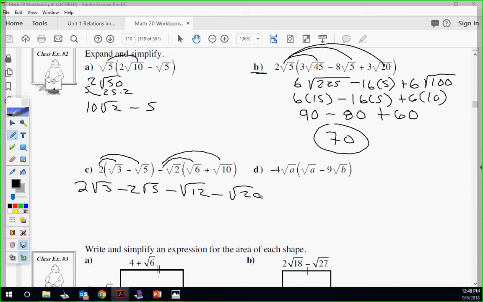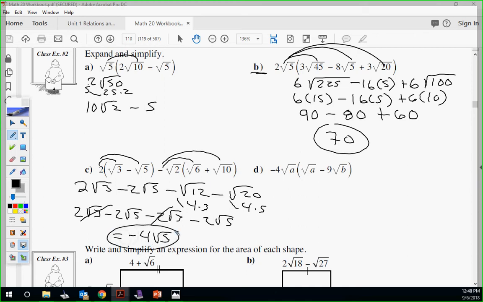So this is 4 times 3, 4 times 5. Comes out as a 2, comes out as a 2. So you see you have 2 root 3 minus 2 root 5 minus 2 root 3 minus 2 root 5. So these guys cancel, and you're left with negative 4 root 5.